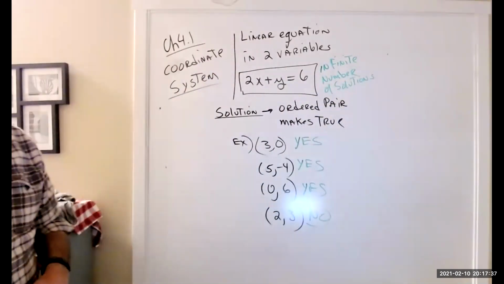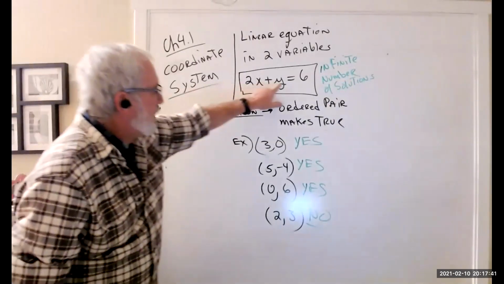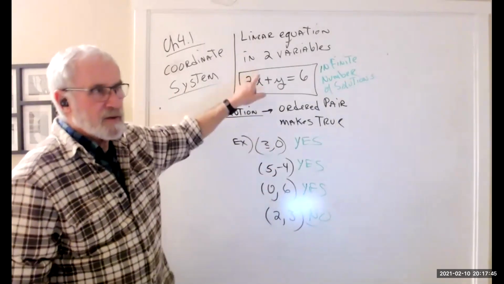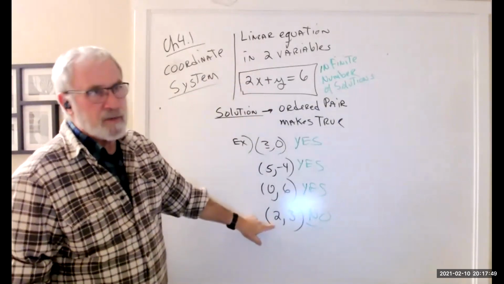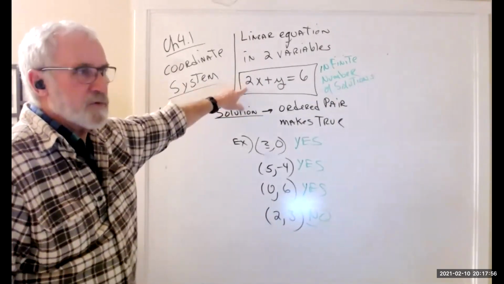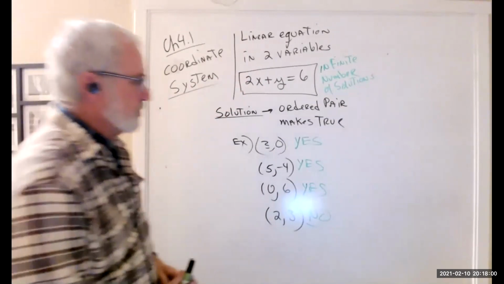Okay, think about that. An infinite number of solutions. There's an infinite number of ordered pairs that we could find that make that one true. There's also an infinite number that make it false. Okay, that's going to cause us issues.